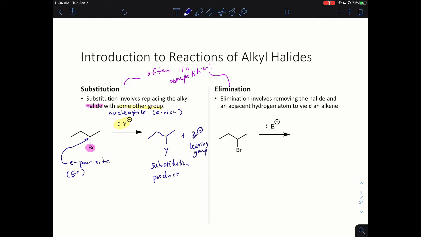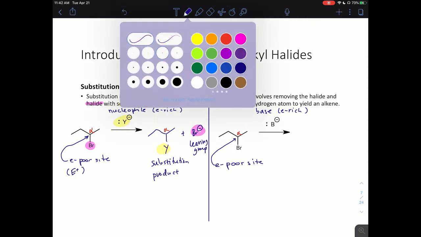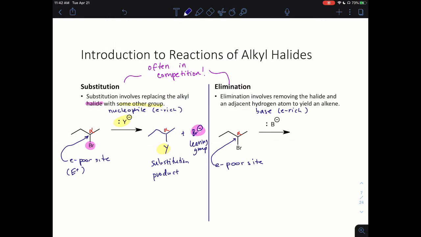So alkyl halides can react by substitution, where you replace the halogen with some other group. The halogen becomes a halide and it leaves. And this is all happening at the alpha carbon. The alpha carbon, the electron poor site, is where the action is happening in the substitution reaction, and at least part of the action is happening in the elimination reaction.